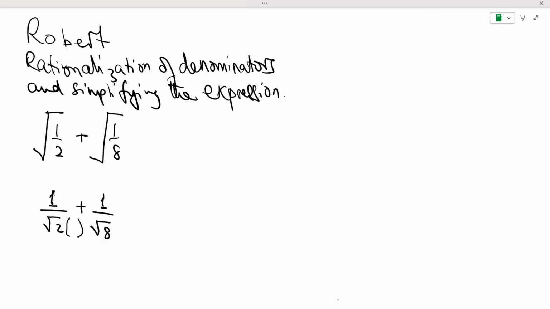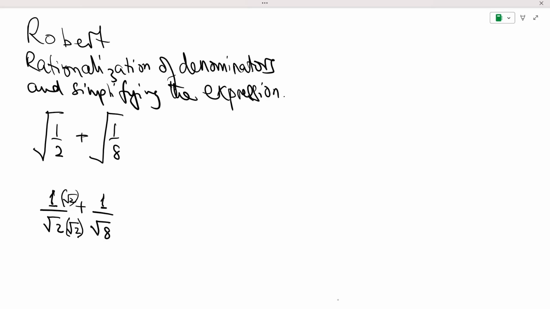For root 2, it will be root 2, because root 2 multiplied by root 2 will give us 2. But remember, what you do on one part of the fraction, you must do exactly the same thing to the other part. So we also need to multiply the numerator by root 2.